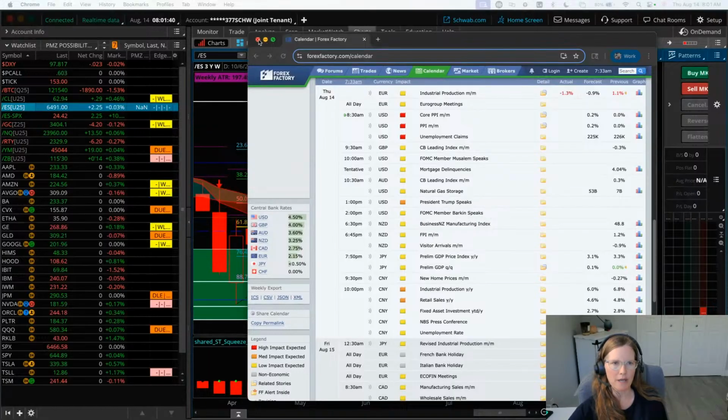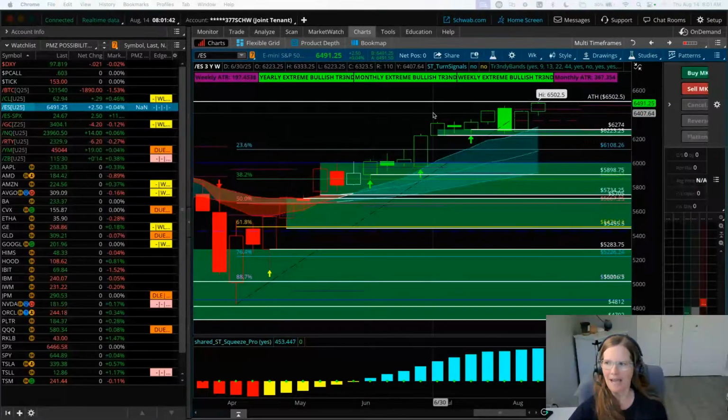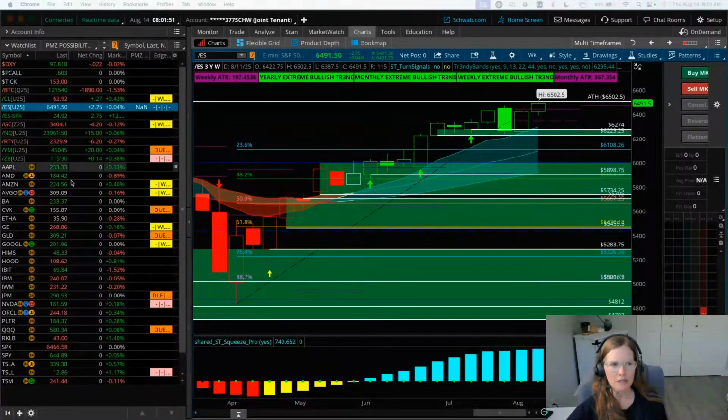Once I know what economic data is coming out, the next thing I'm going to do is look at my watch list over here. You see it on the left hand column. I want to look at ES, the NASDAQ, as well as the Dow, just to get an idea of what's going on in the indexes.